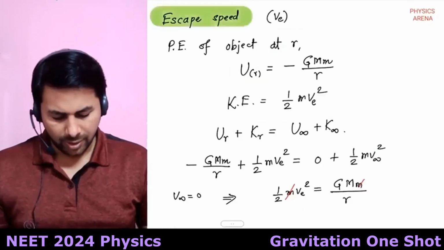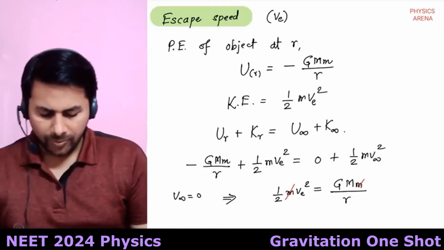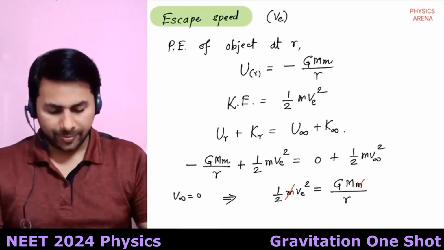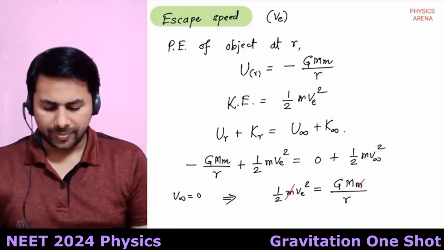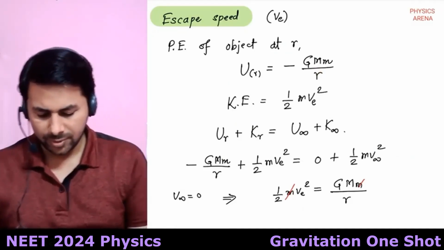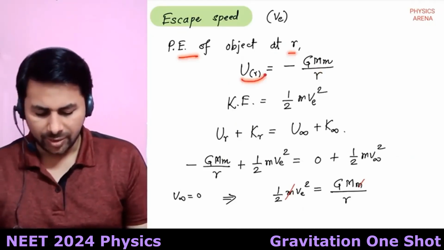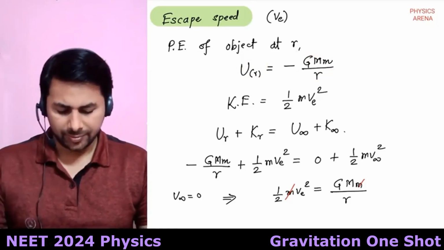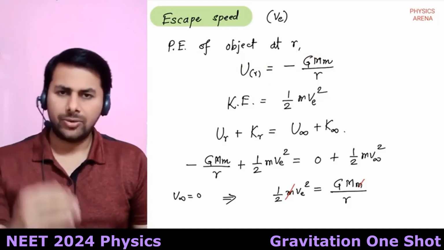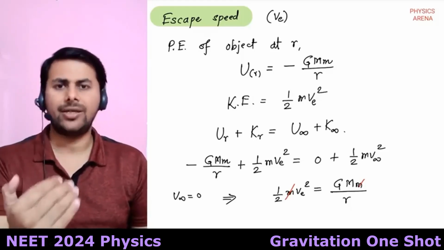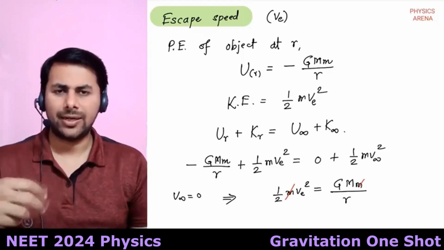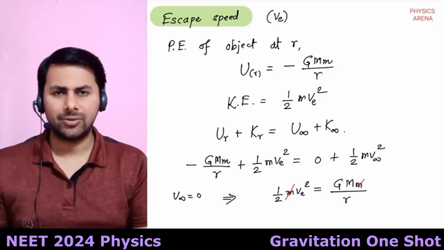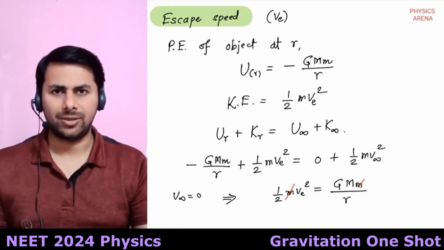So see, if the object is at distance r, then the potential energy of that object is minus of GMm upon r, right? And now suppose we give it some kinetic energy, and by giving that kinetic energy, what do we want to achieve? We want to send it to infinity.